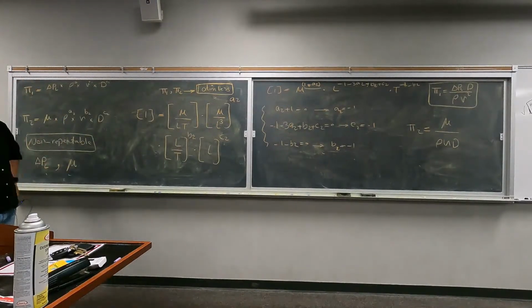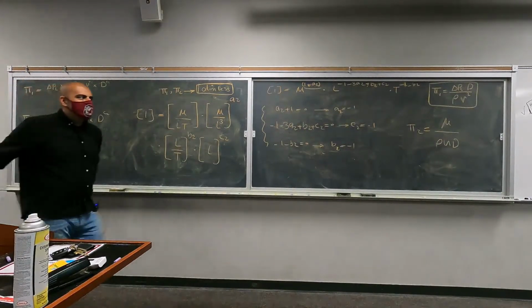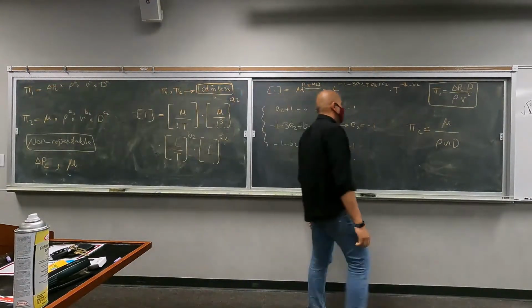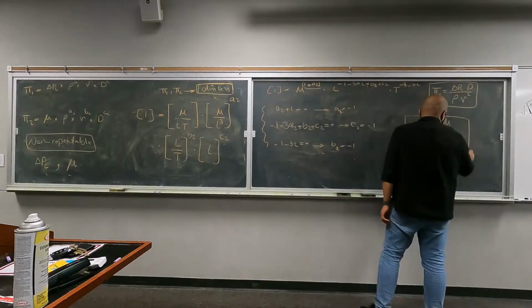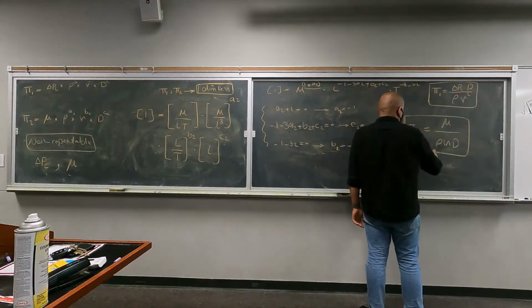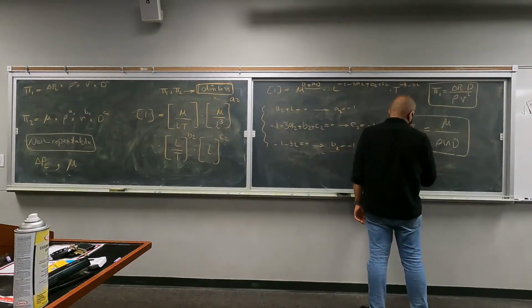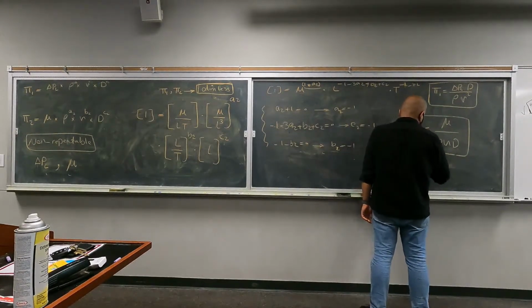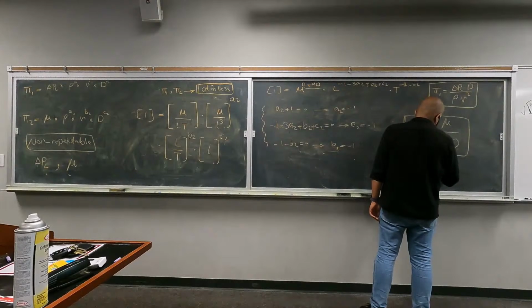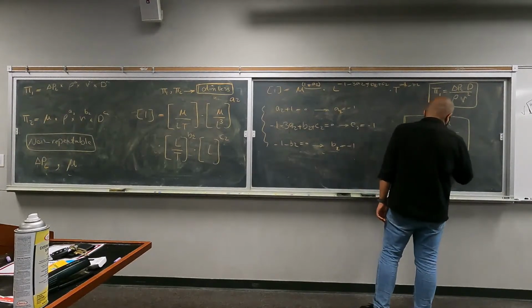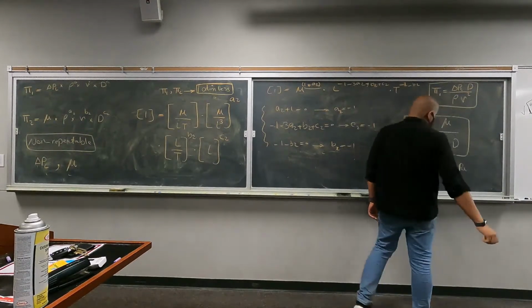That's it. We have the two dimensionless parameters we need to analyze the problem. Usually the more common dimensionless parameter that we use here is 1 over pi 2, which is rho vd divided by mu, or the Reynolds number.